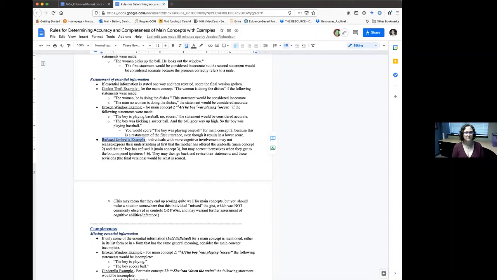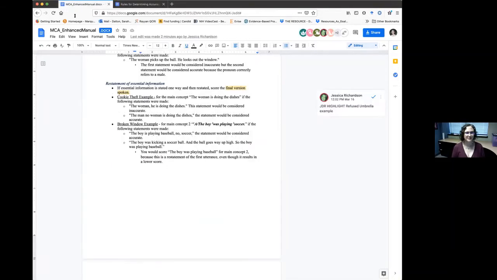But I just do have a note that this may mean that their main concepts look pretty good because they revised and corrected it, but you'll still want to make a notation, clinically, that something was going on, that they did not catch this, and it may warrant further assessment of cognitive abilities or inference abilities. So I just wanted to point that out here for this kind of special case. We see it a lot in the refused umbrella. Okay, thank you.